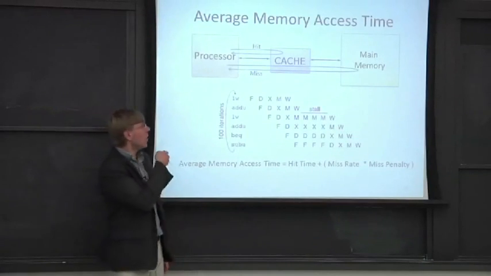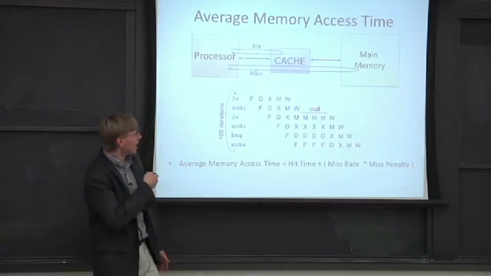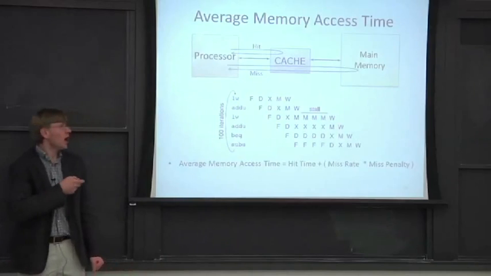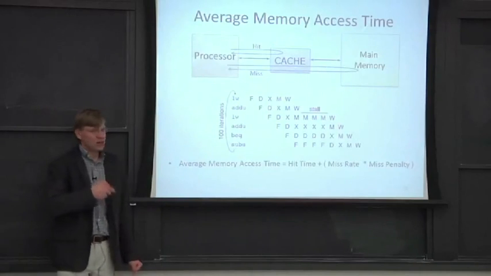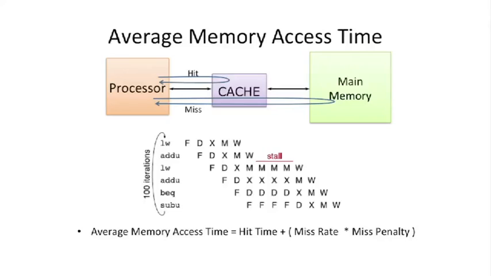So if you have to go all the way out to main memory in a cache miss, we'll say, or if you don't have a cache, it's going to take a long time. But if you shrink the cost per instruction for a load and store, everything gets faster. So you can actually go faster here.